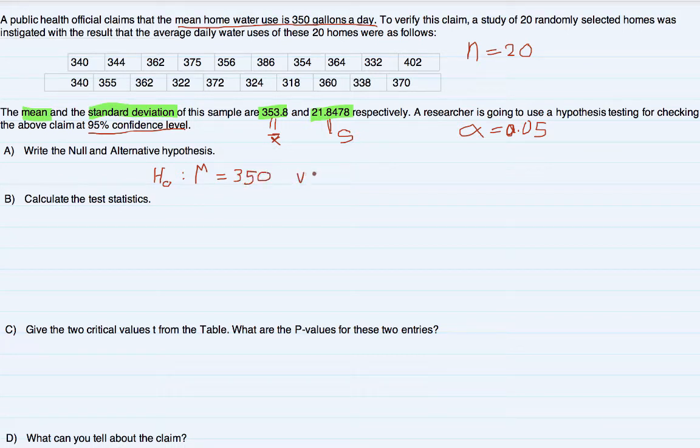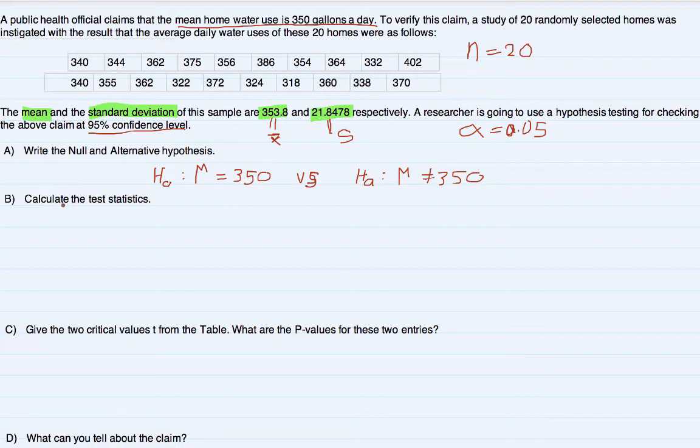Then versus our alternative hypothesis, which is HA, mu not equal 350. We need to check whether this claim is correct or incorrect. So this is the null and this is the alternative.